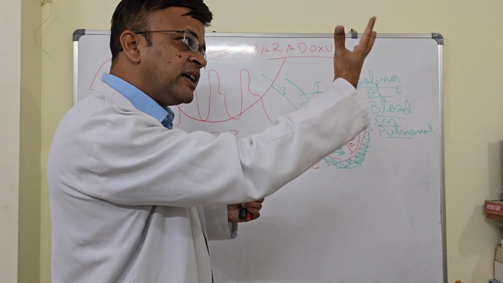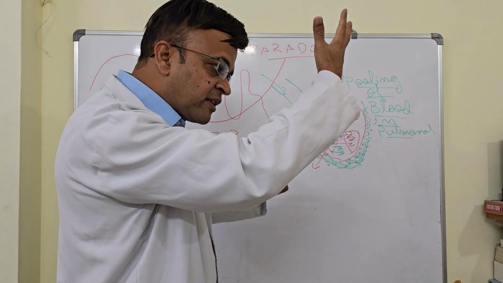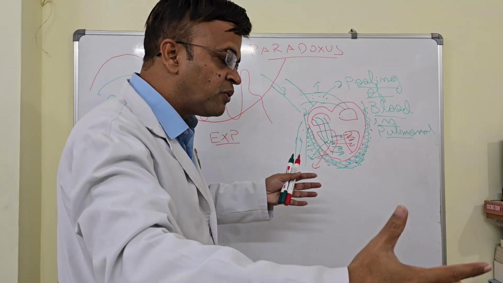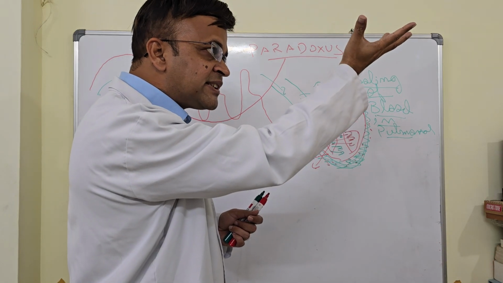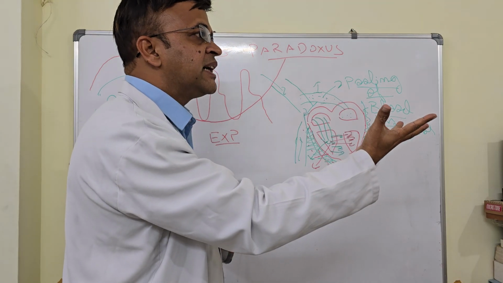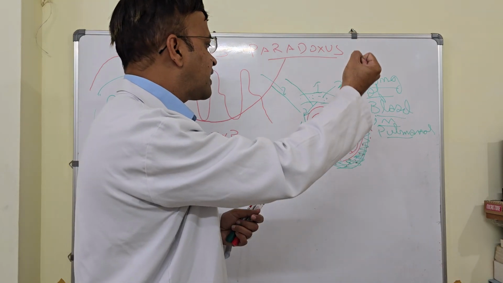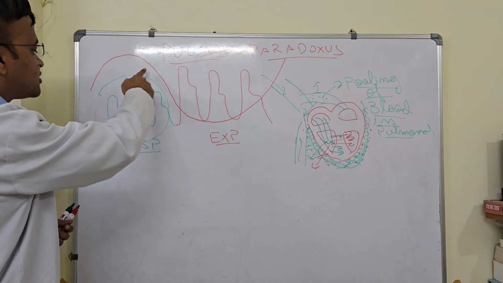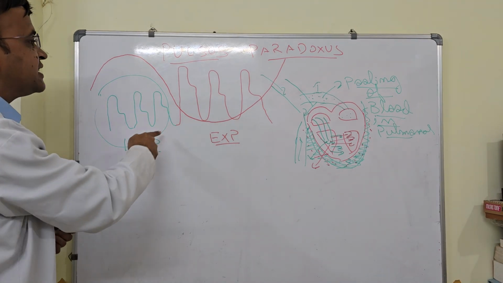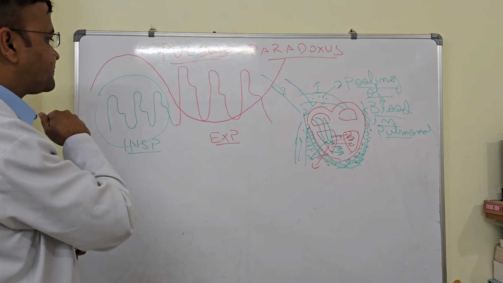What is Frank-Starling law? If you expand something more, then you will have forceful contraction. But the reverse is also true, if something gets improperly filled, then you are going to have weak contraction. And that's why you will have small volume pulse during inspiration, right?